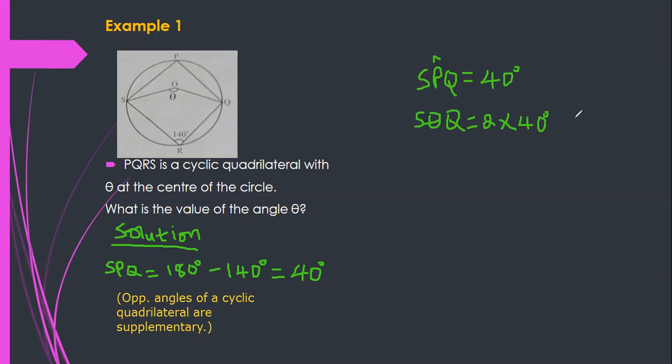Why again? The reason behind this is that the angle subtended at the center by an arc of a circle is twice the one subtended at any part on the circumference. This is according to the Circle Theorem.